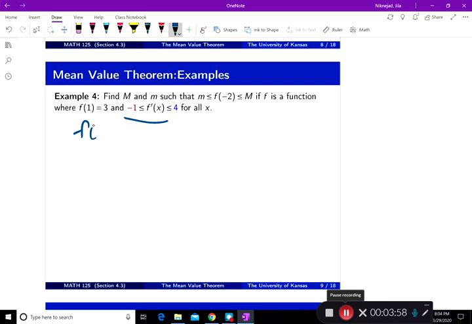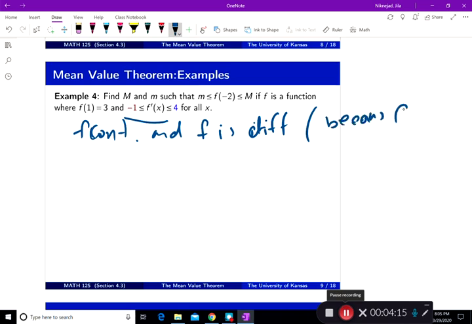So f is continuous and differentiable because f prime exists. And now, I can use mean value theorem.